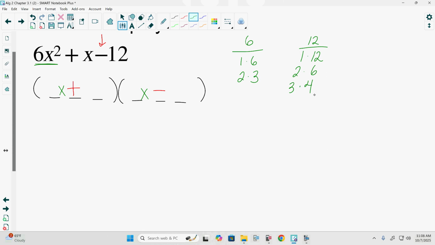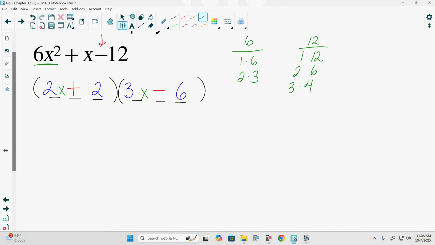Now, I'm going to put this one up here, more or less to make a point. Say I pick 2 and 6, okay? You don't have to write this one down. And I'll pick, say, 2 and 3. Now, we said at the beginning there is no greatest common factor between 6x squared, x, and 12, yes?